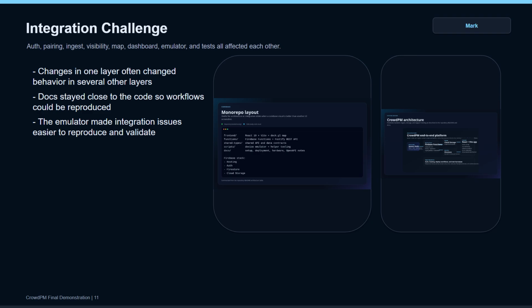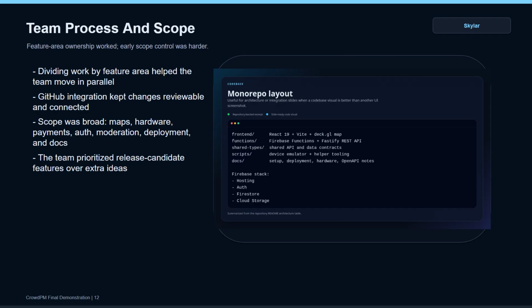and reproduce problems. And in regards to the team process and scope, as a team, what worked really well was dividing work by feature area and then integrating through GitHub. We had some pretty good CI/CD pipelines set up with automatic integration checks, code scanning checks, linting checks, etc. And I think we divided work in a way that made sense. But what did not work well, however, was early scope control.